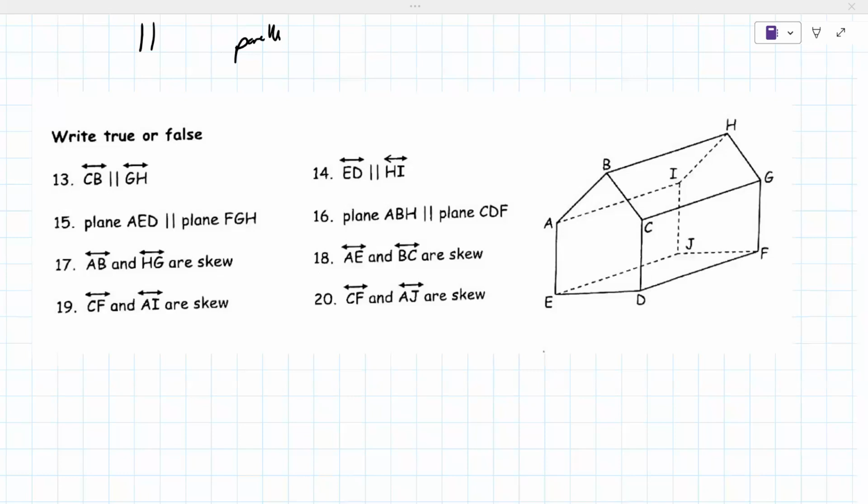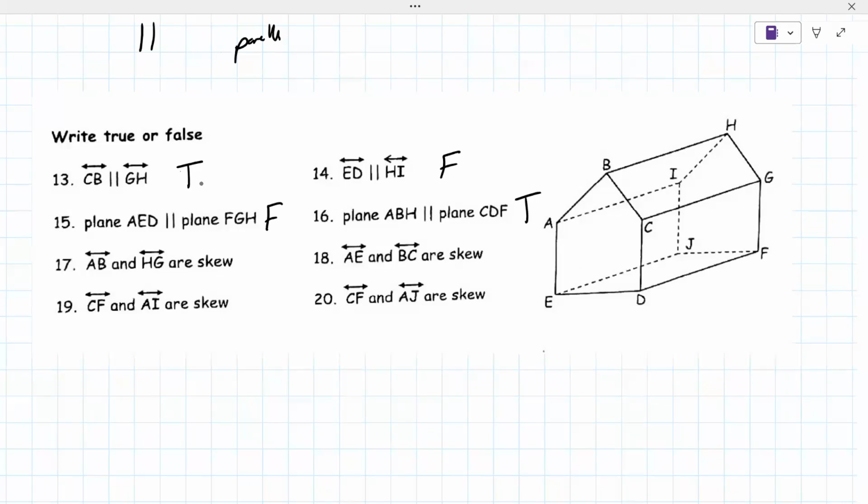Okay, I did 13 to 16. Tell me your answers and I'll give you the yes or no. For 13, I put true. Okay, keep going. 14, I put false. 15, I wasn't really sure, but I said false. And then 16, I said true.